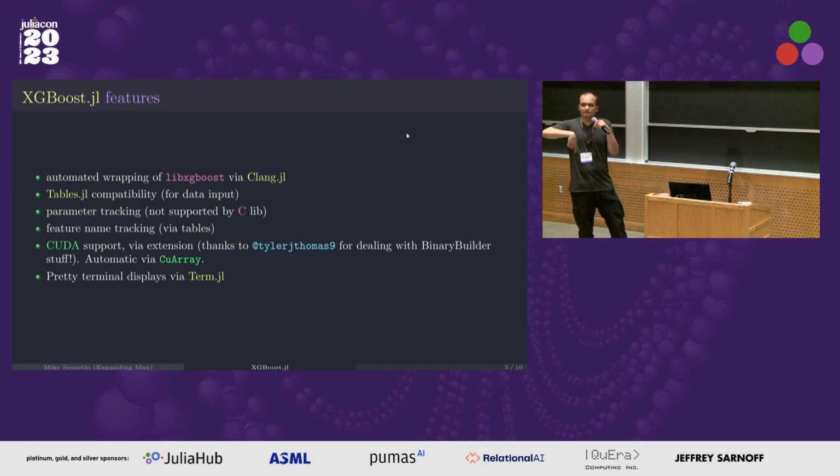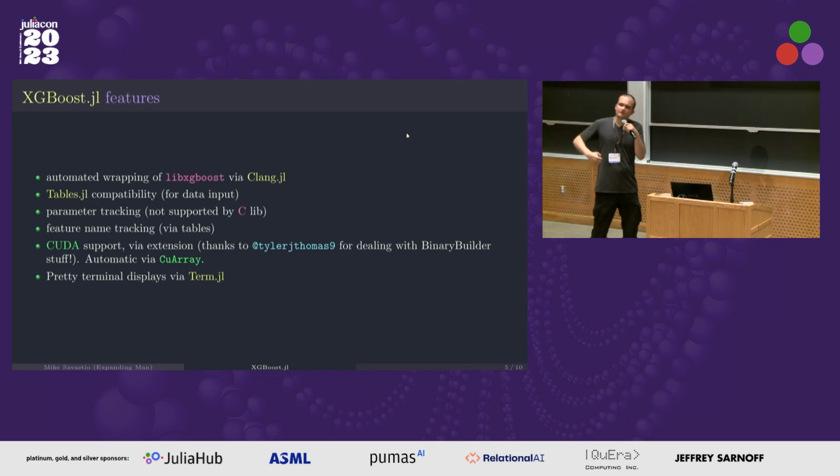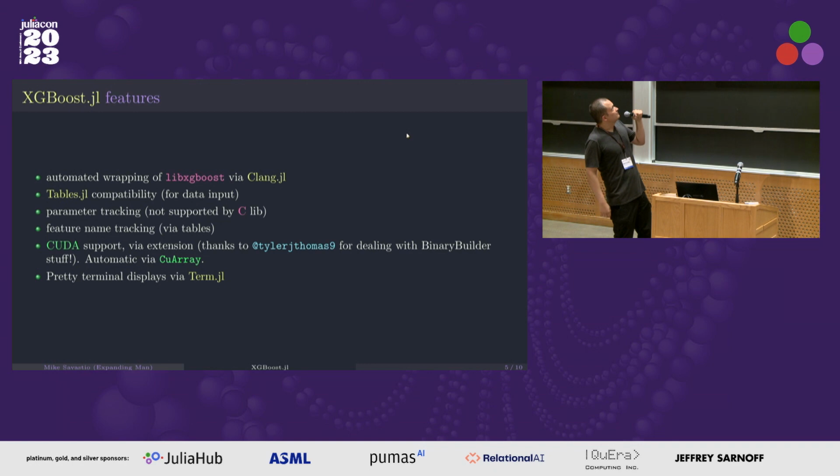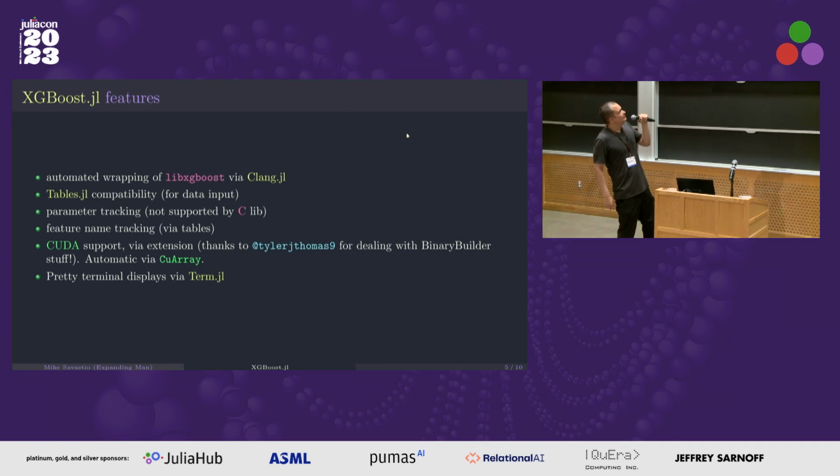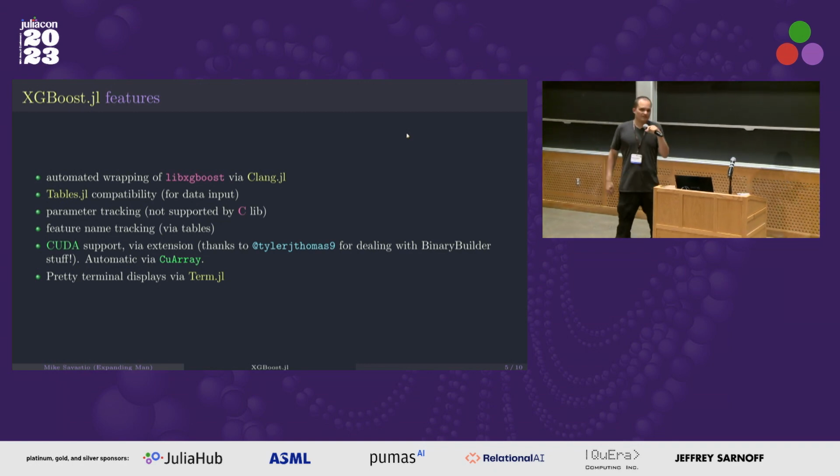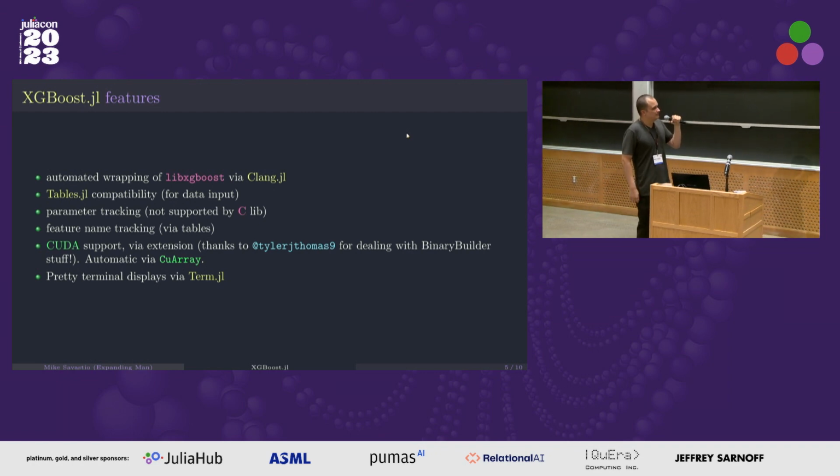I rewrote this wrapper at some point. It's actually been around for quite a while. Now it uses an automated wrapper of libxgboost from Clang, which is maybe not so useful for users, but very useful for development on the package.